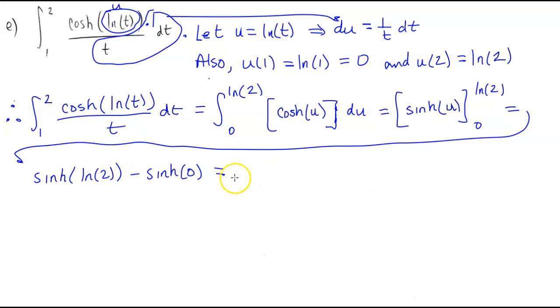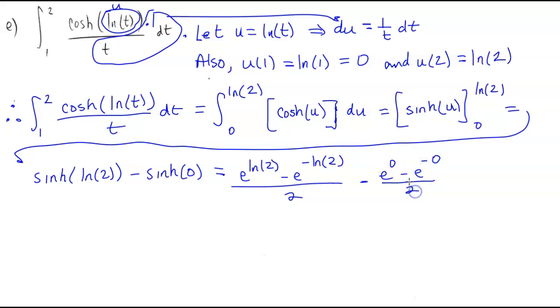So here, if we put sinh of natural log of 2 in exponential form, it's just going to be e raised to the natural log of 2 minus e raised to the negative natural log of 2 all over 2 minus e raised to the 0 minus e raised to the negative 0 all over 2. And that goes like that.